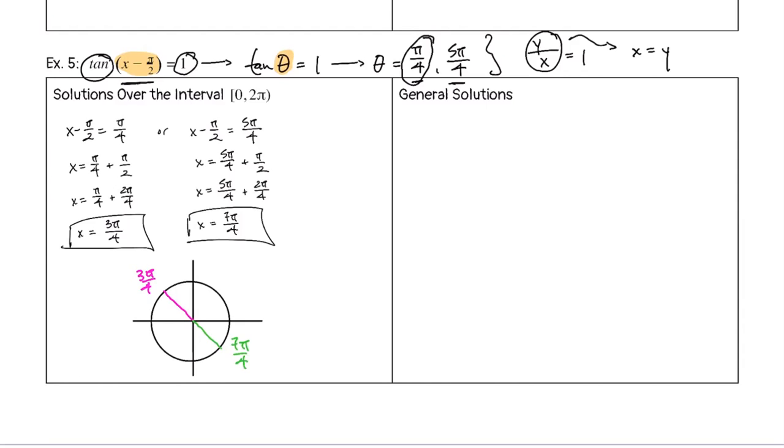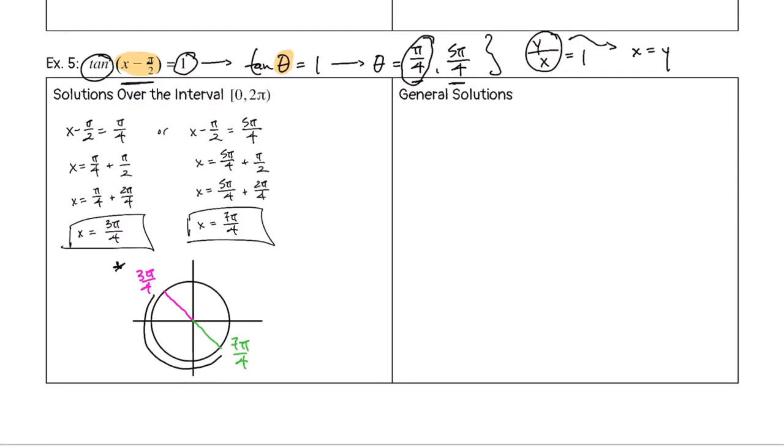What we could do instead is we could do this. We could say, let's go to the 3 pi over 4. And instead of going all the way around the unit circle, instead of going around 2 pi, let's do like Natalia said, we're only going to go around 1 pi. Now, if I go 1 pi, guess where I land? I land at the green angle, which is good because that's one of the solutions.